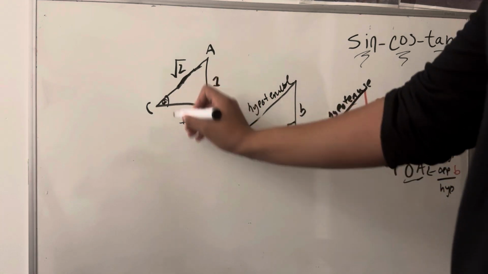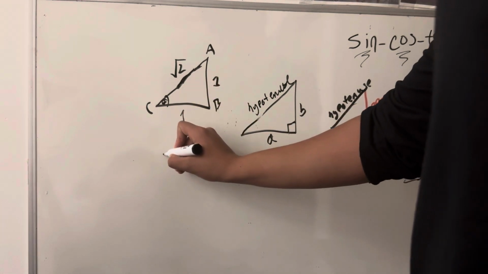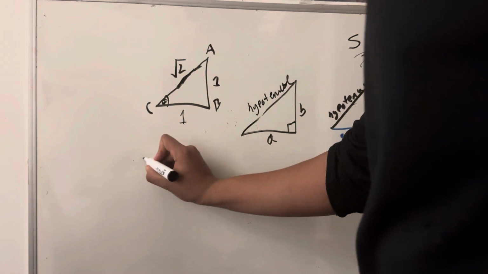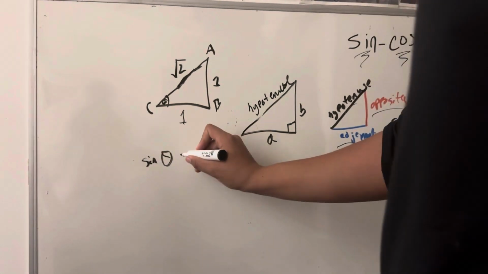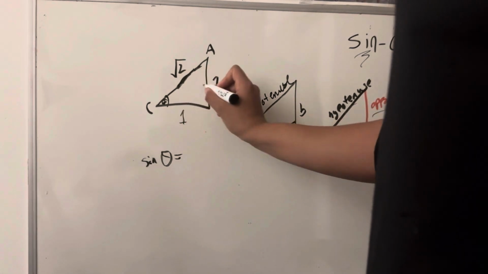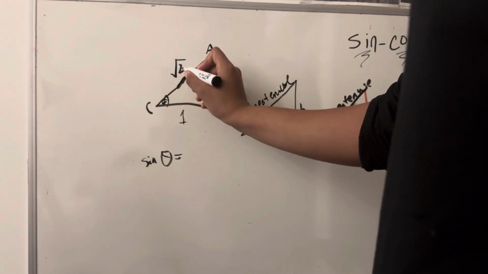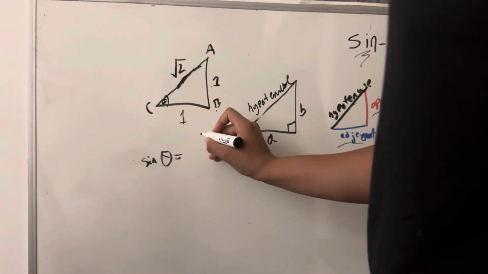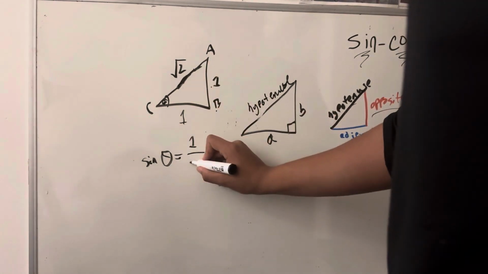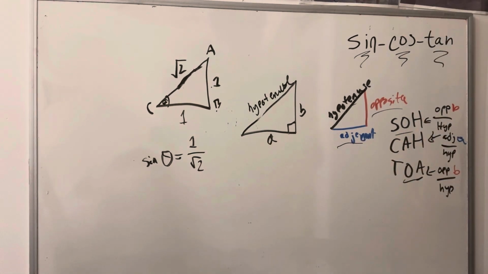And we have sine theta. We are able to say sine theta is equal to what? Opposite over hypotenuse. So sine theta is equal to 1 over the square root of 2.